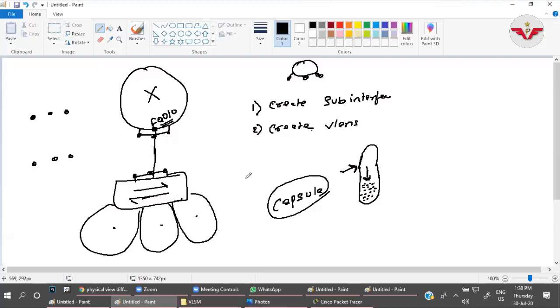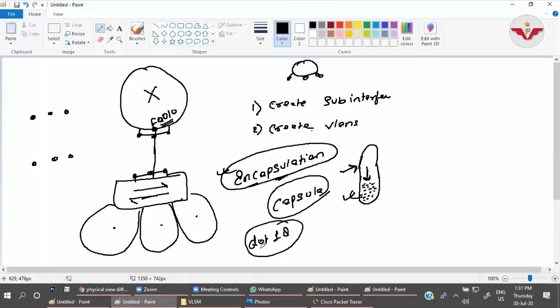So if I ask, what do you mean by encapsulation? If you understand this, you will be able to understand this as well. Encapsulation is a process to enclose one important data using another important data. That is called encapsulation, right? So we have a protocol, 802.1Q.